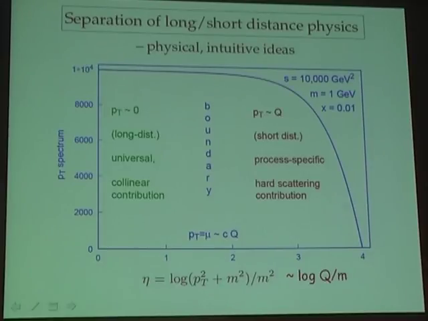When s is much, much larger than m squared, the integration range increases logarithmically. So where does that logarithm come from? It comes basically from a flat top here, where the range extends increasingly large when s becomes very large.